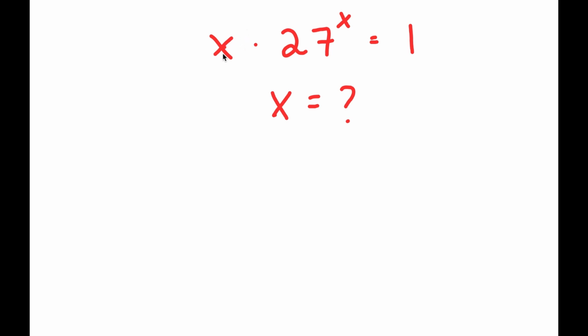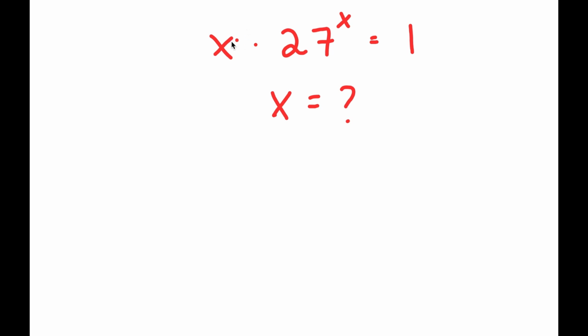So in other words, x to the power of x is equal to 27. This is our equation. And, well, 27 is the same thing as 3 to the power of 3. So I can substitute in 3 to the power of 3 for 27.